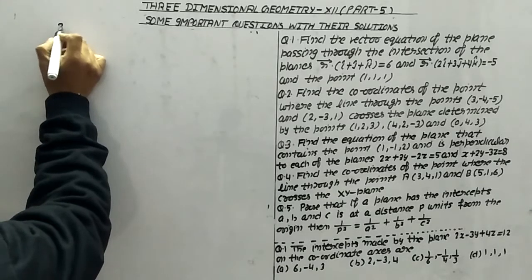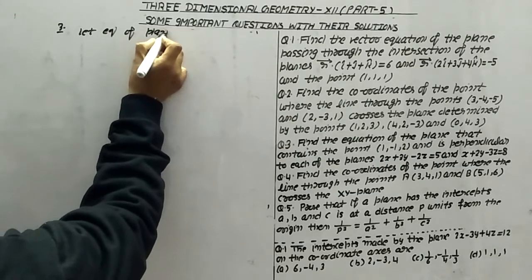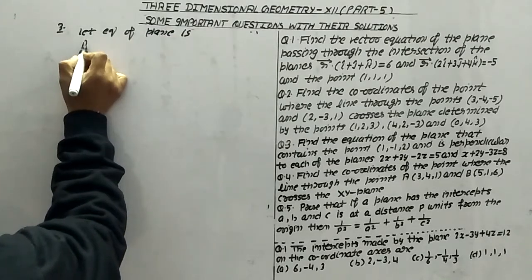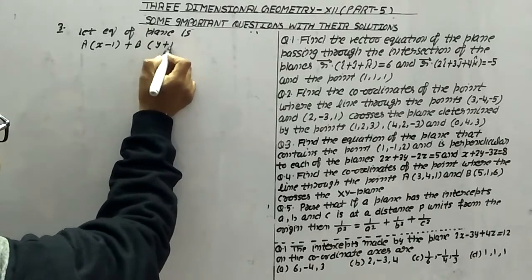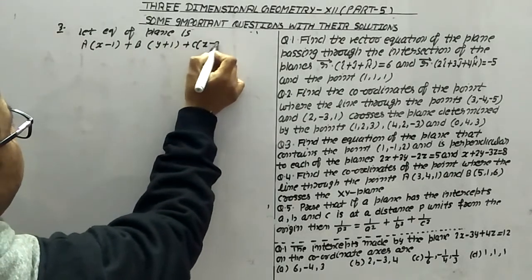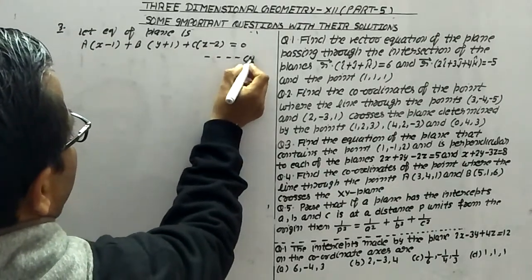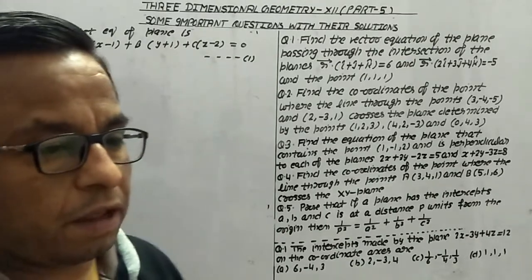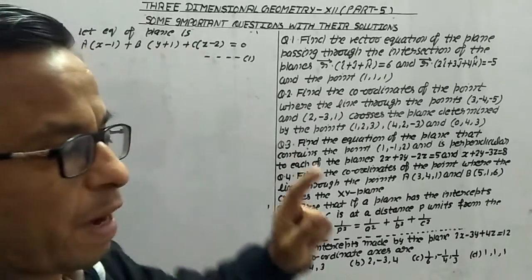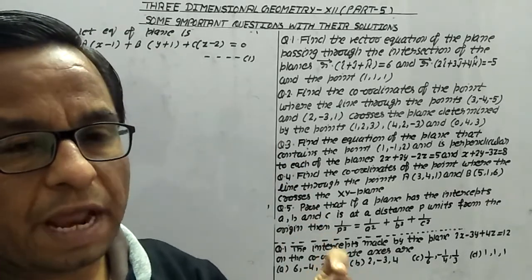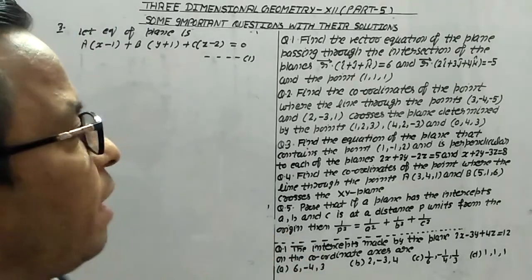So we will say let the equation of the plane be a(x - 1) + b(y + 1) + c(z - 2) = 0. This is the condition according to the rule, because if a plane passes through a point and is perpendicular to a given vector, the rule is a(x - x1) + b(y - y1) + c(z - z1).